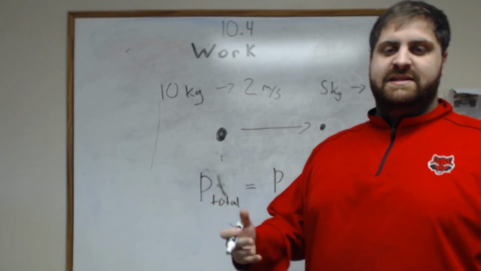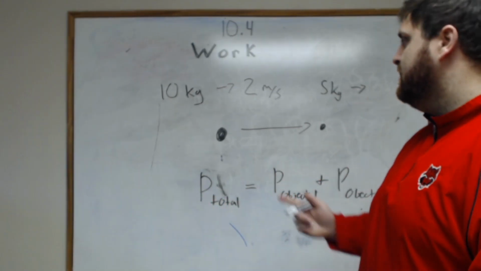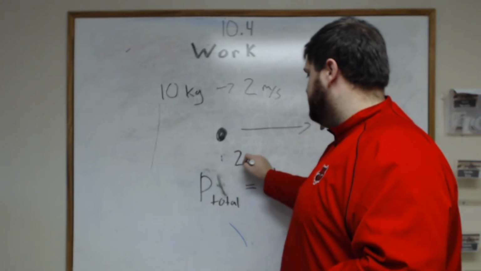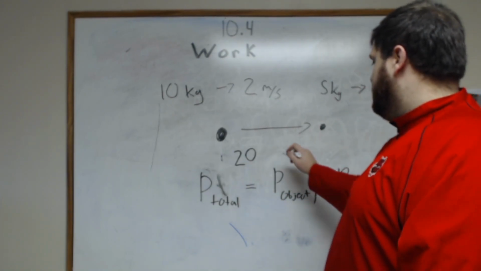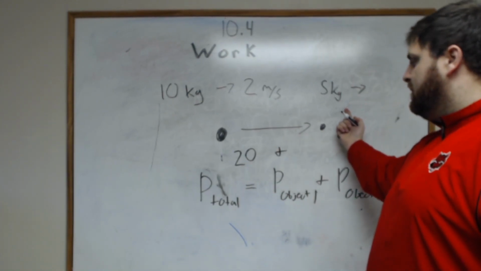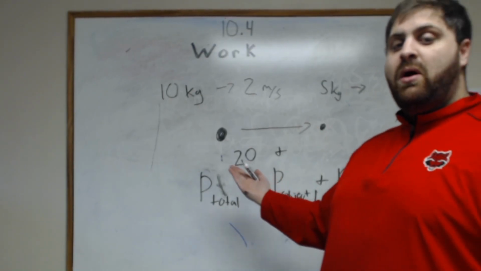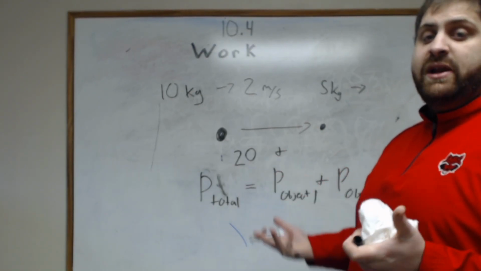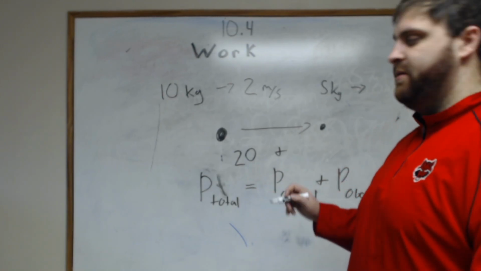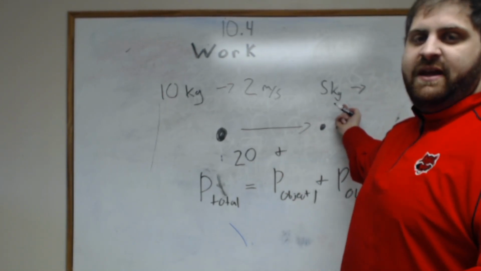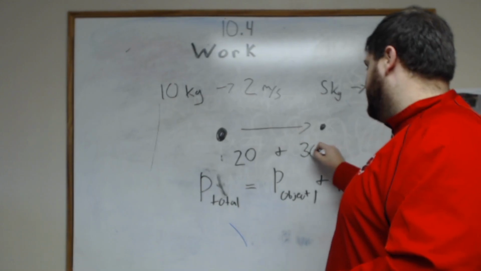It loses some of its momentum. So 10 times 2, the new momentum here is 20. Now if our momentum was 50, and now all we have is 20, there's 30 momentum stuck somewhere, right? So we can say the momentum of this is now 30.